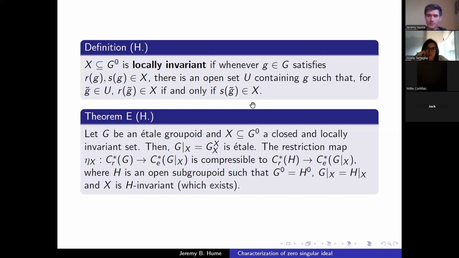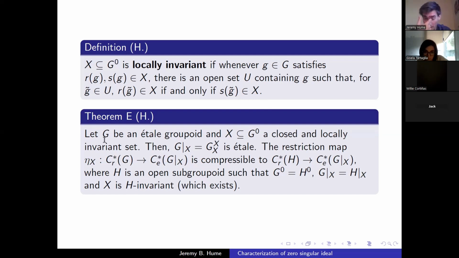There are lots of examples. Actually, any finite set of units is locally invariant. And the Hausdorff cover has a nice property: if you have a locally invariant set in your groupoid, then its lift to the cover will also be locally invariant in the cover.